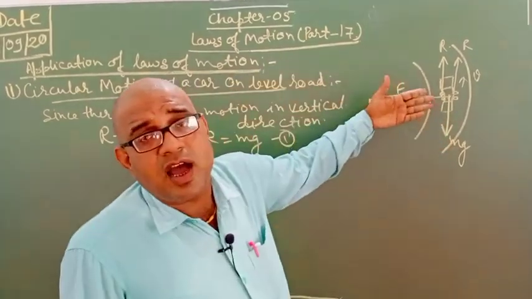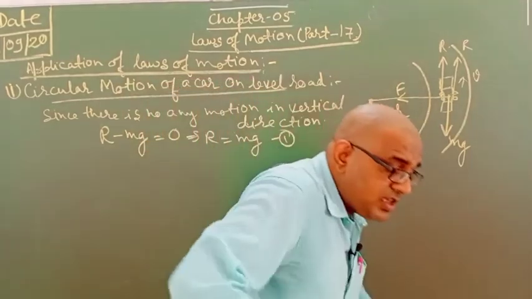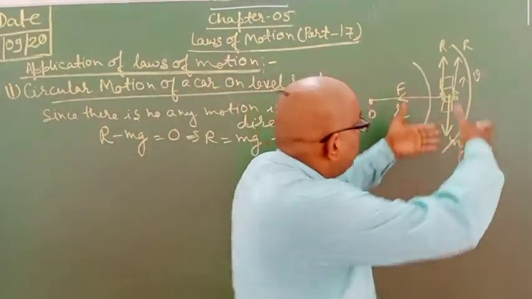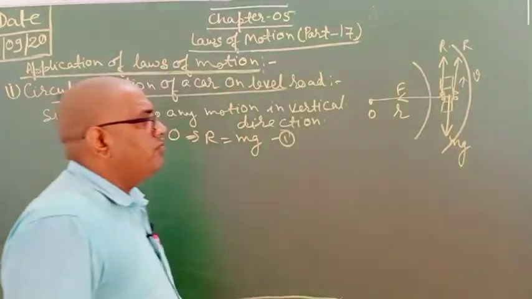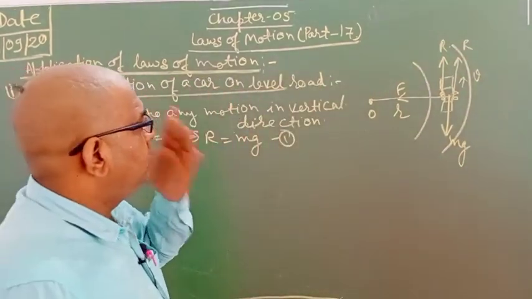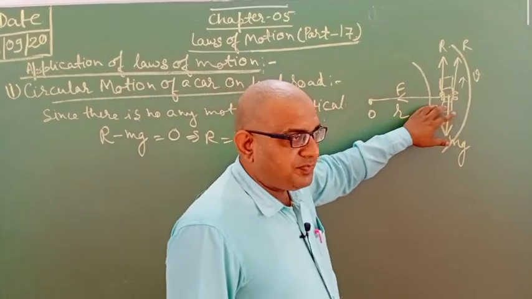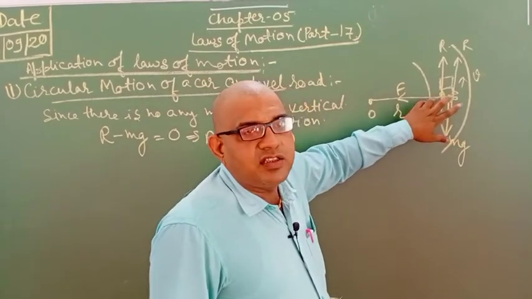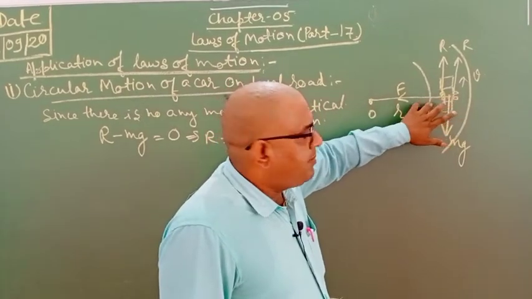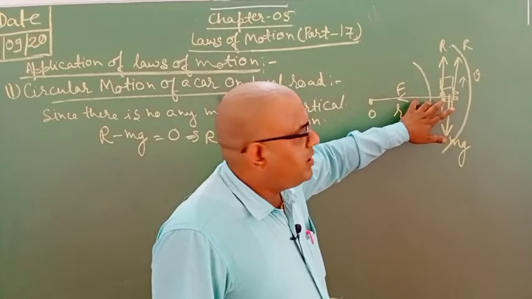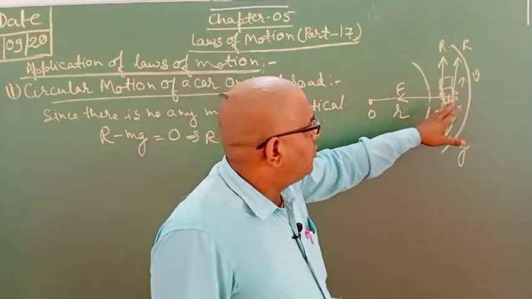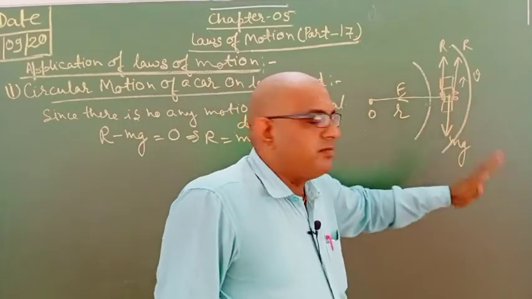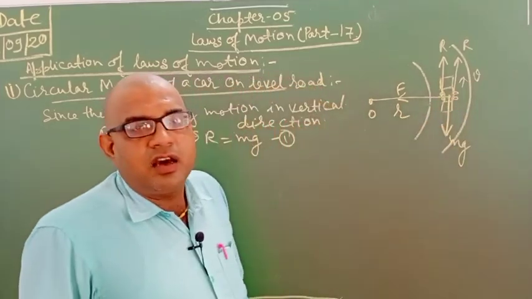Whatever motion the car is continuing, coming from the straight, it tries to go away from the road. But the frictional force, which is providing the centripetal force, makes the car take the curved turn.